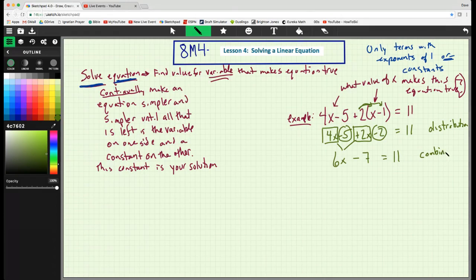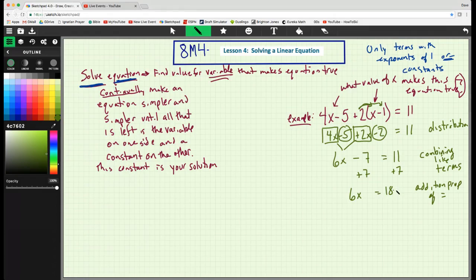And this is something we did last year. Maybe we did it this year, I don't remember. Now I'm going to add 7 to the left side, and I'm going to add 7 to the right side, and I'm going to get 6x equals 18. And this was called the addition property of equality. If I have a balance, if I have two things that are equal, I can add the same number to both sides, and it's still going to be equal.